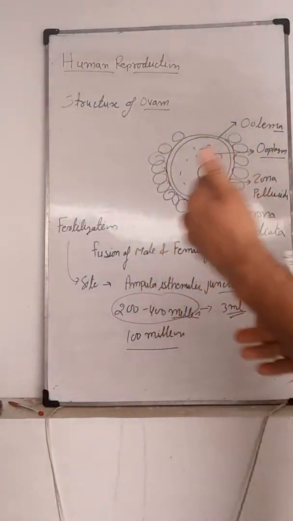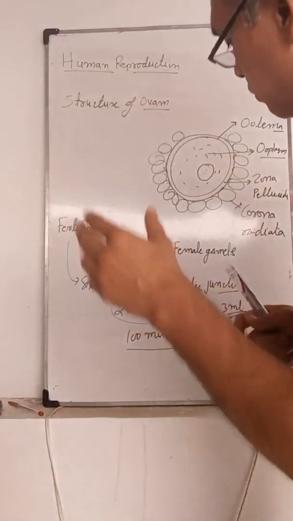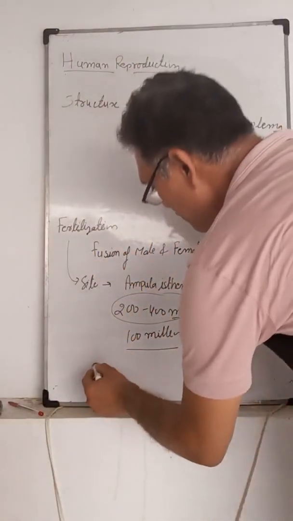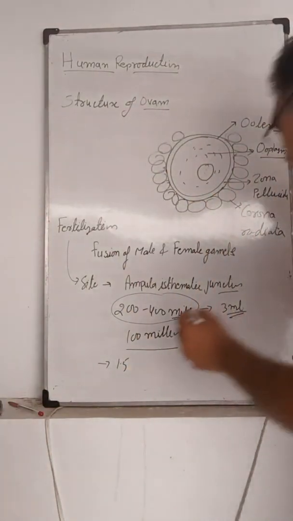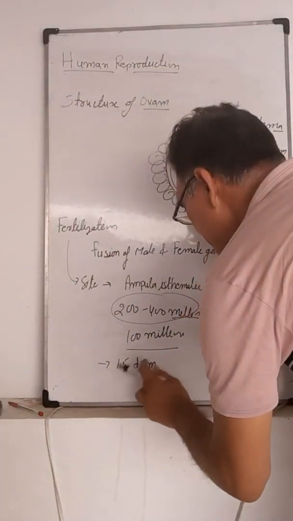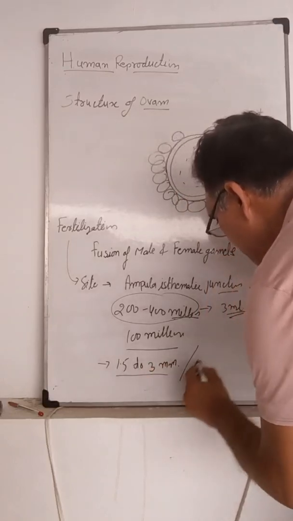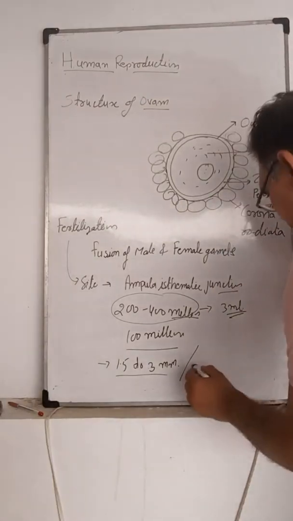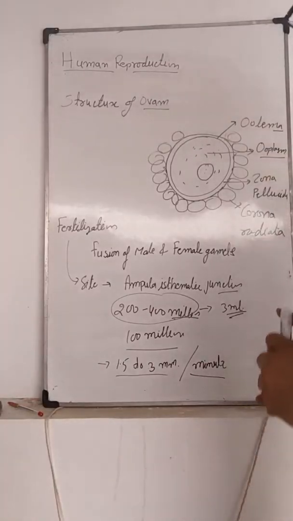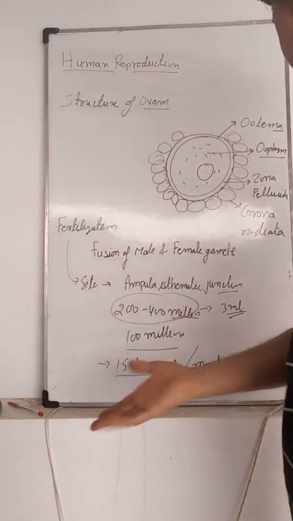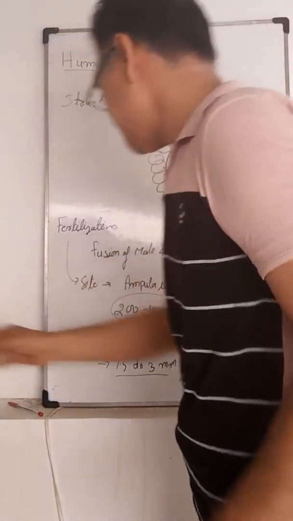They make their own efforts to reach the site of fertilization. They swim 1.5 to 3 mm per minute and reach the site of fertilization.